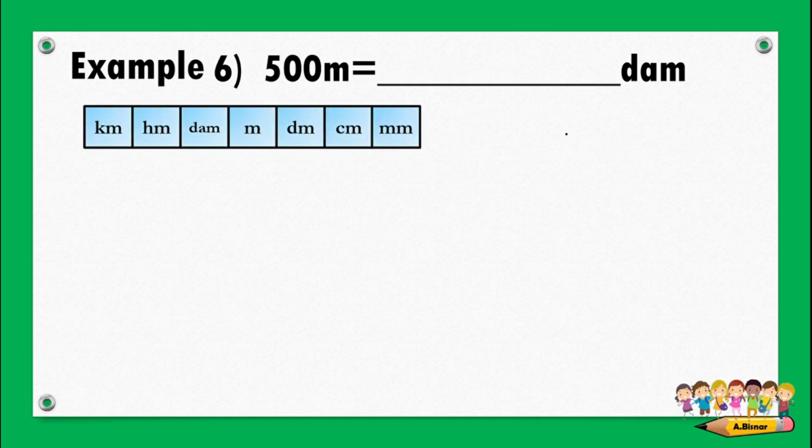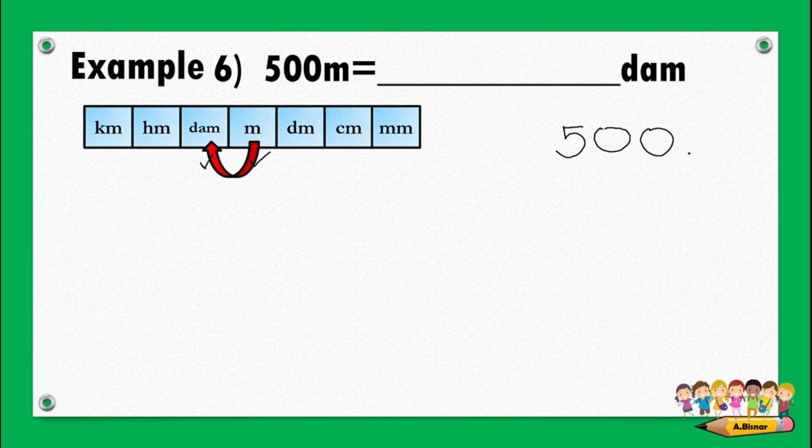Well, how about in here for number 6, 500 meters to decameters. So, let us write the given. So that is from meters to decameters. As you observe, the movement is to the left. Since it moves one step to the left, then we're going to move the decimal point one step to the left.